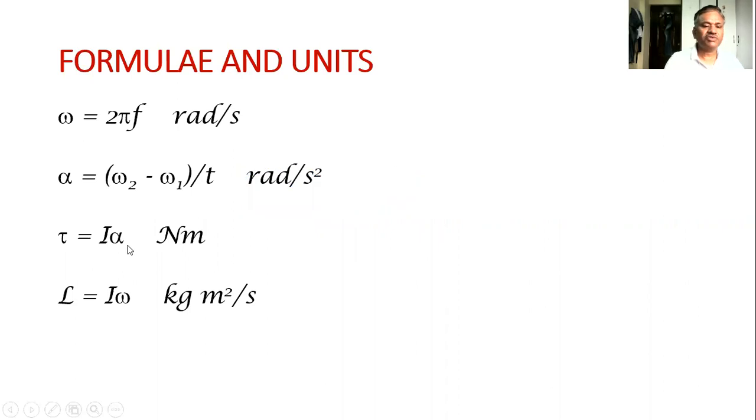Alpha is the rate of change of angular velocity. Omega equal to 2 pi f. If the problem gives rotations per minute, then you need to convert to rotations per second by dividing by 60.